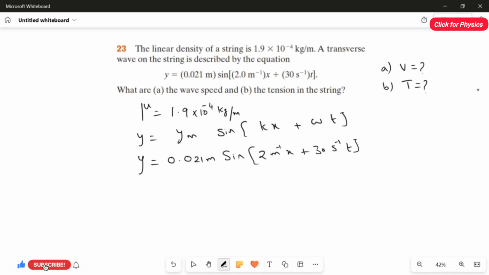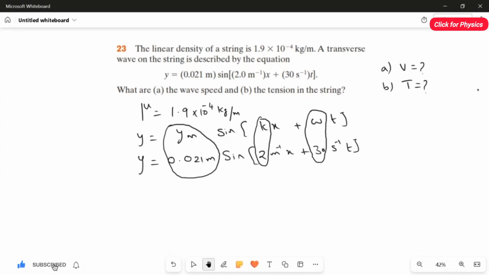That is not an issue here. So let's compare the terms. The amplitude ym here is 0.021, the angular wave number k is 2, and the angular frequency omega is 30 per second.